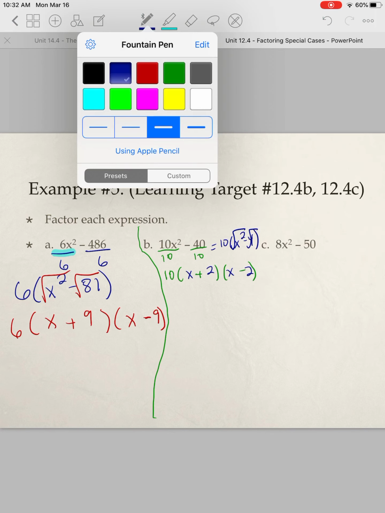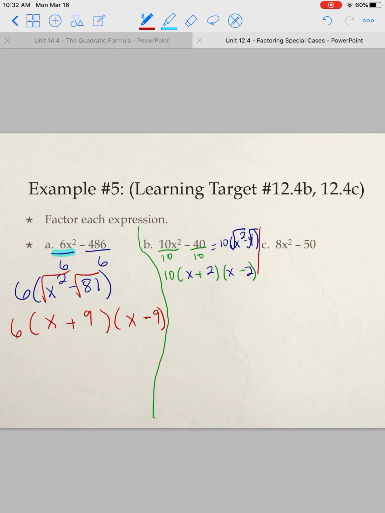Now this next one, I'm looking for my greatest common factor of the two. And in this case, it's 4. All right, no, I'm sorry. It's not 4, it's 2. I was thinking ahead. That's going to leave me with 2, 4x squared minus 25.